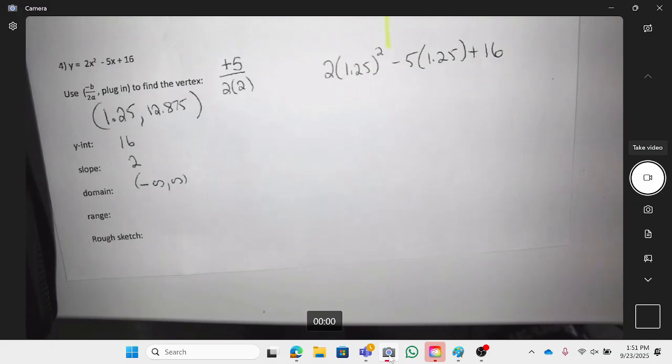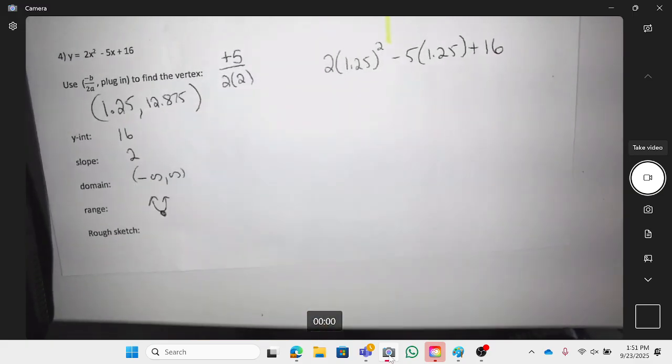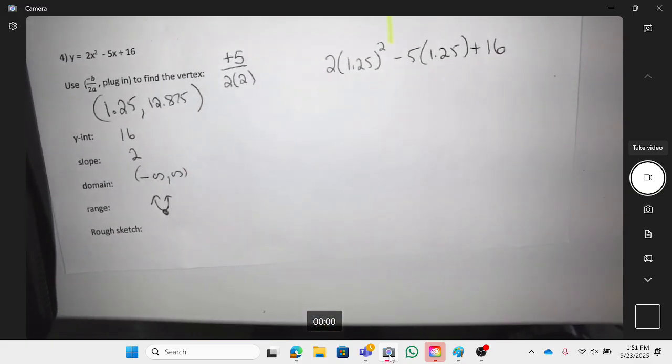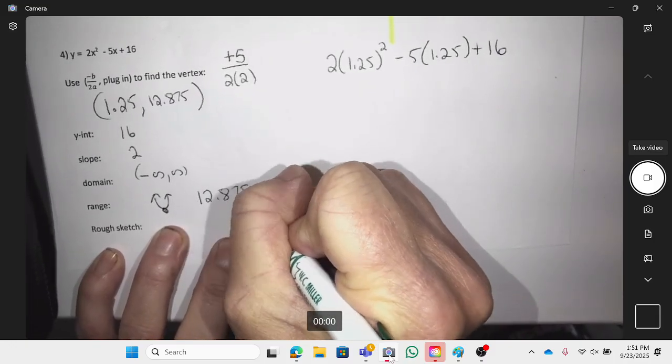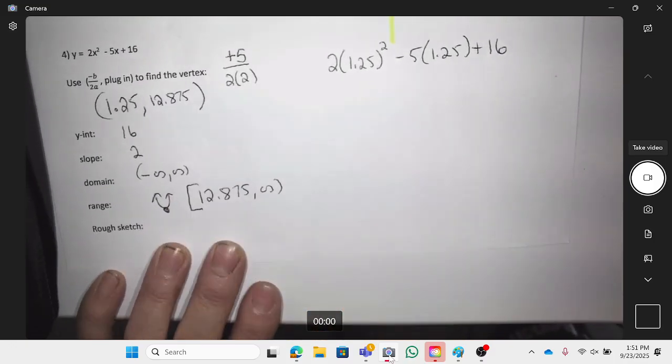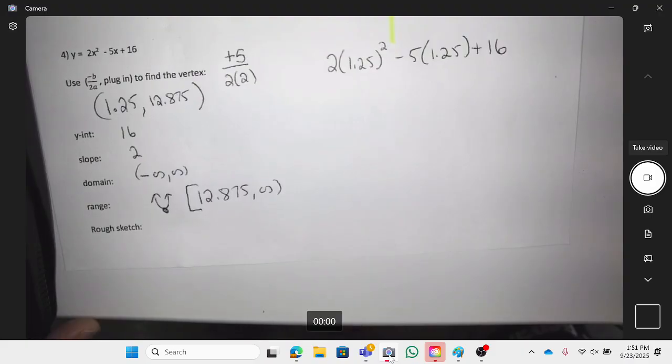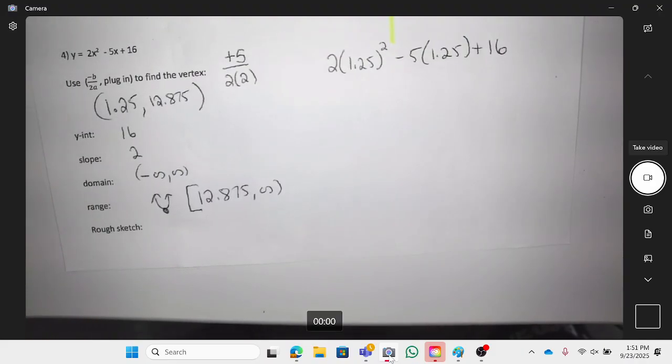Which direction am I heading first? Up. So the low needs to be a number. Positive infinity. Yes.